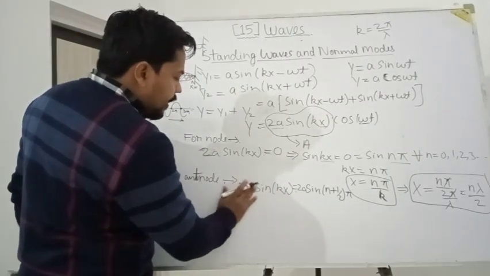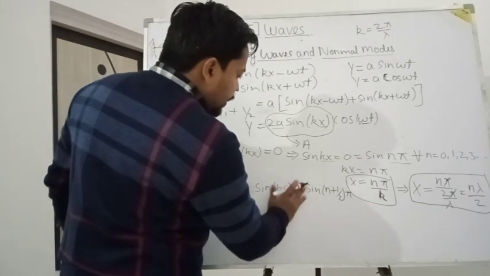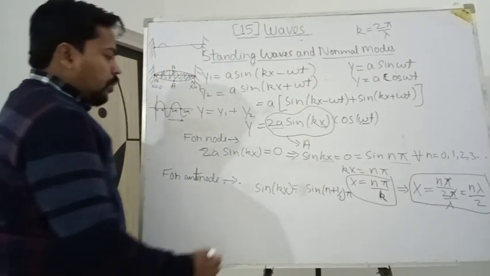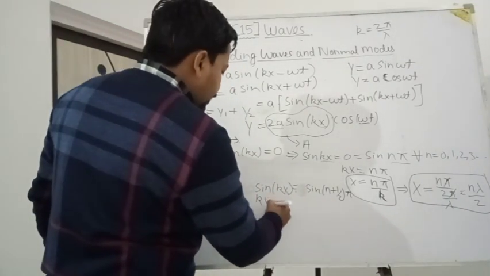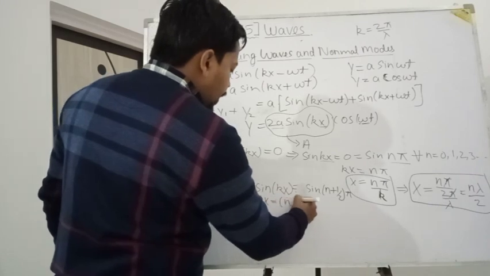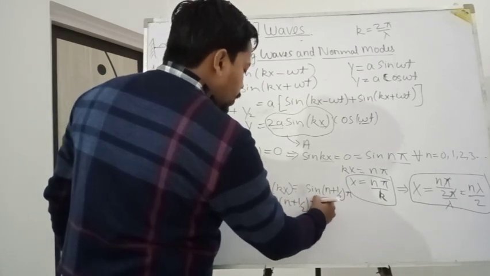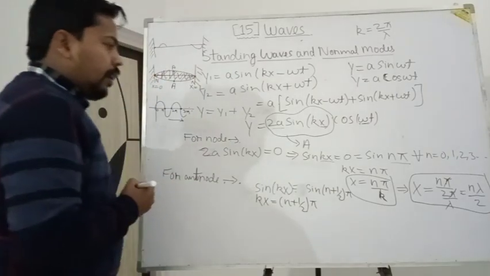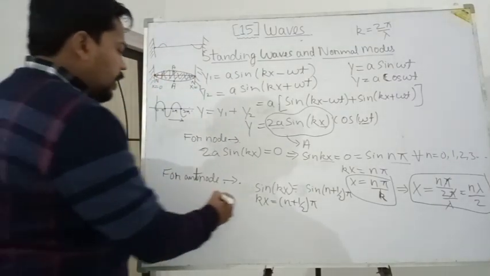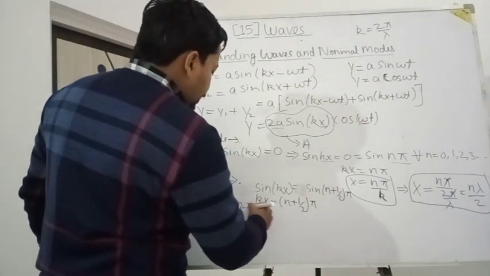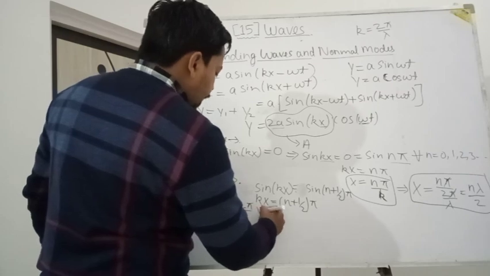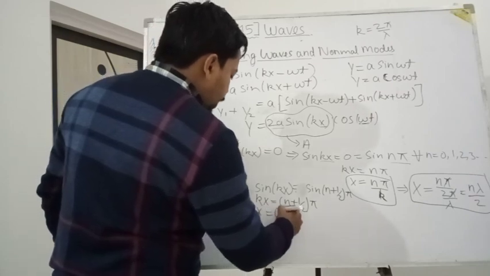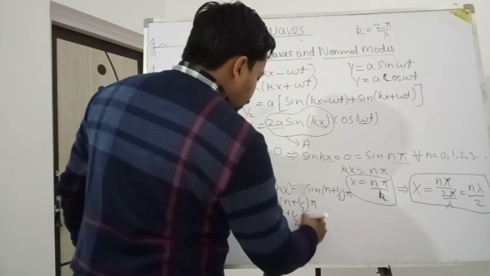That means we can write it like this also, if we neglect this 2a. So from here, if we compare, kx is equal to (n plus half) into pi. Again put the value of k, that is 2 pi upon lambda, into x equals (n plus half) into pi.